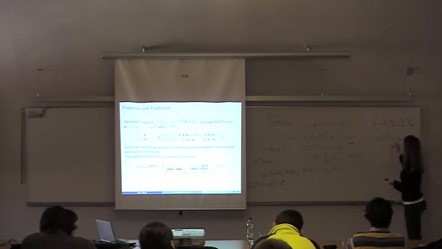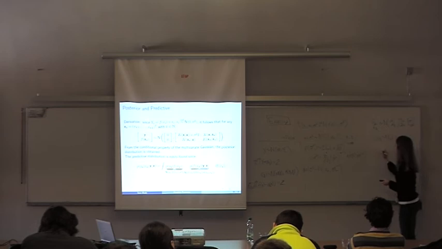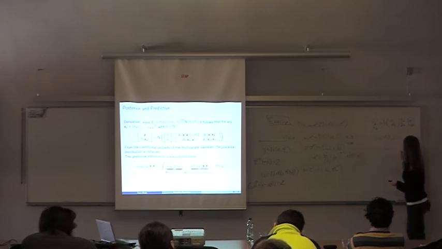The intercept is mu2 minus sigma 2,1 sigma 1,1 inverse mu1. The slope is sigma 2,1 sigma 1,1 inverse.